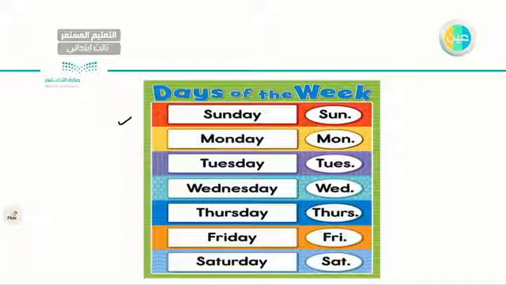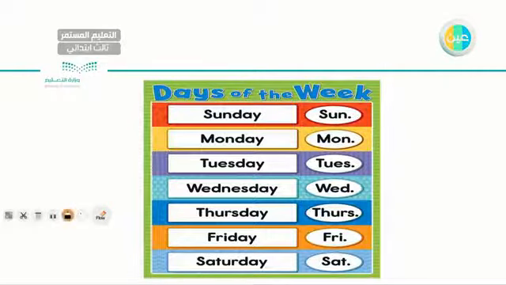To your left, you have the whole word. To your right, you have the short form of the day. The first 3 letters, sometimes 4 or 5 letters. So let's read them one more time. Sunday, Monday, Tuesday, Wednesday, Thursday, Friday, and Saturday.